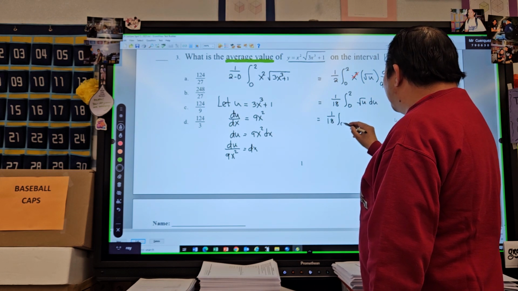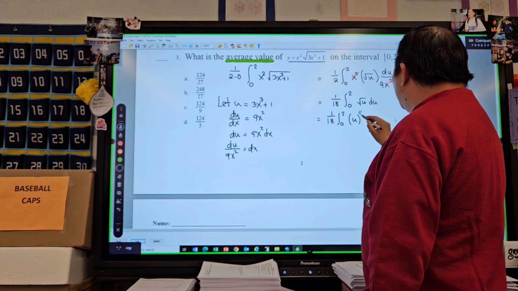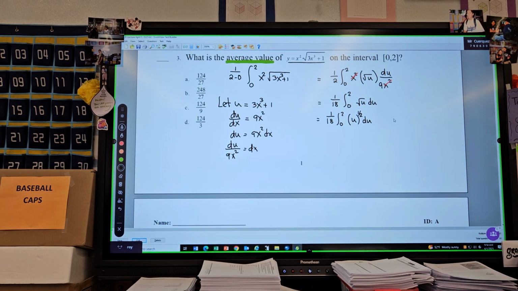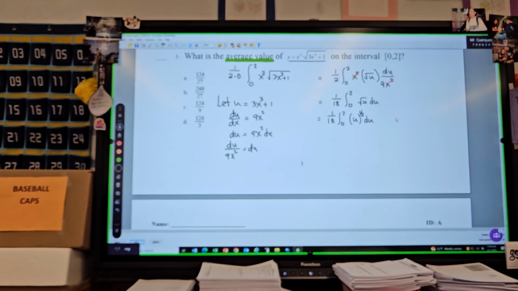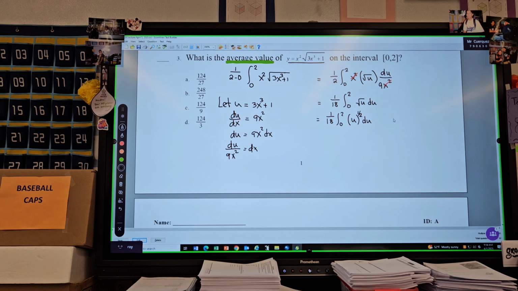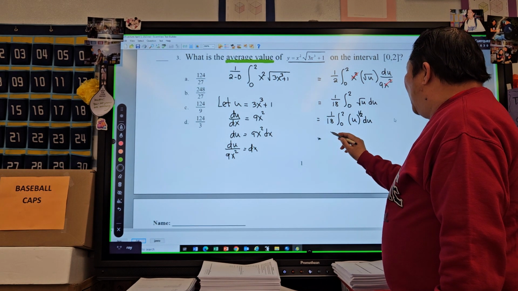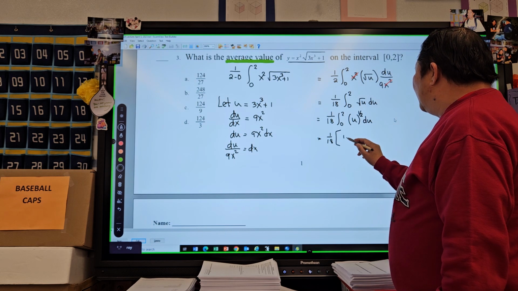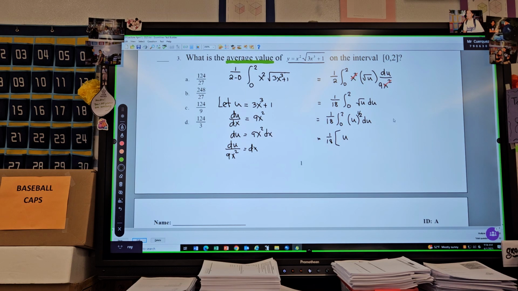So this implies 1 over 18, the integral from 0 to 2 of u to the power of 1/2 du, and then take the antiderivative now. So that means 1 over 18, and then you have u to the 1/2 plus 1. What is 1/2 plus 1? 3 halves.